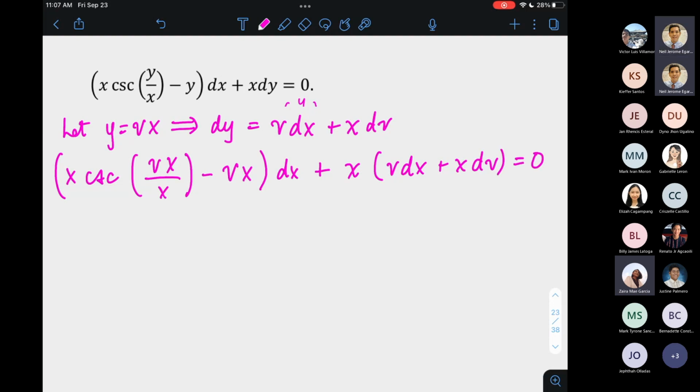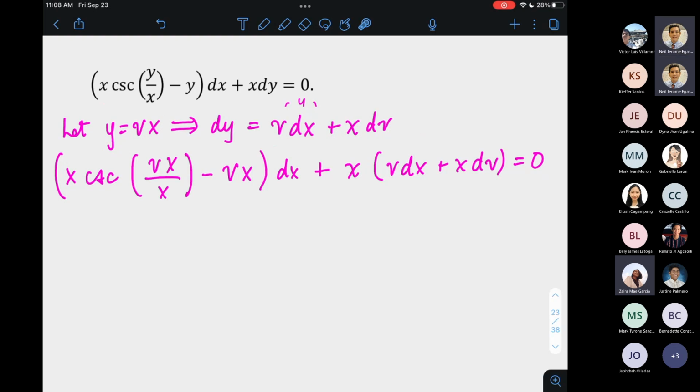Alright? So lahat ng y's, pinalitan ko lang ng vx, tapos lahat ng dy, pinalitan ko ng v dx plus x dv. And I hope you get the pattern kung sino yung pinipili mo na napapalitan.